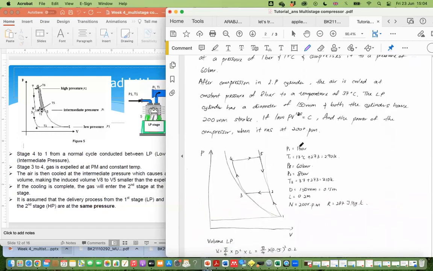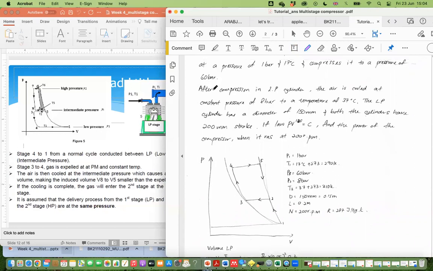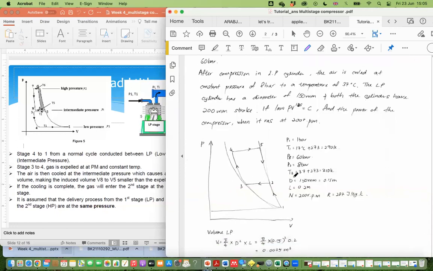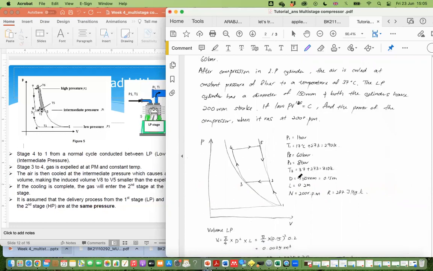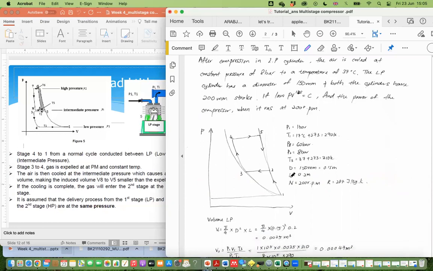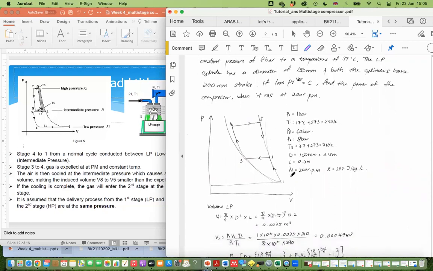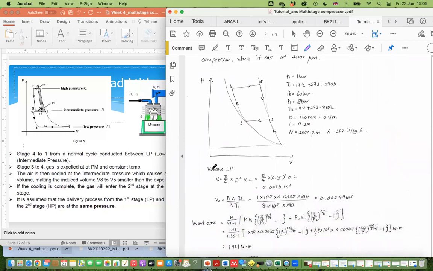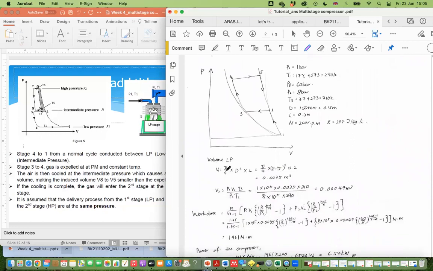First we extract the information. We have the P1, we have the T1, and we know that the end pressure is 60, which is P4 equals P5, and the intermediate is P2 and P3, and T3 is the cooling part, so 37 changed to Kelvin is 310. It's given the diameter and the stroke length, so from there we can calculate the volume. First we calculate the low pressure volume by using the cylinder equation.